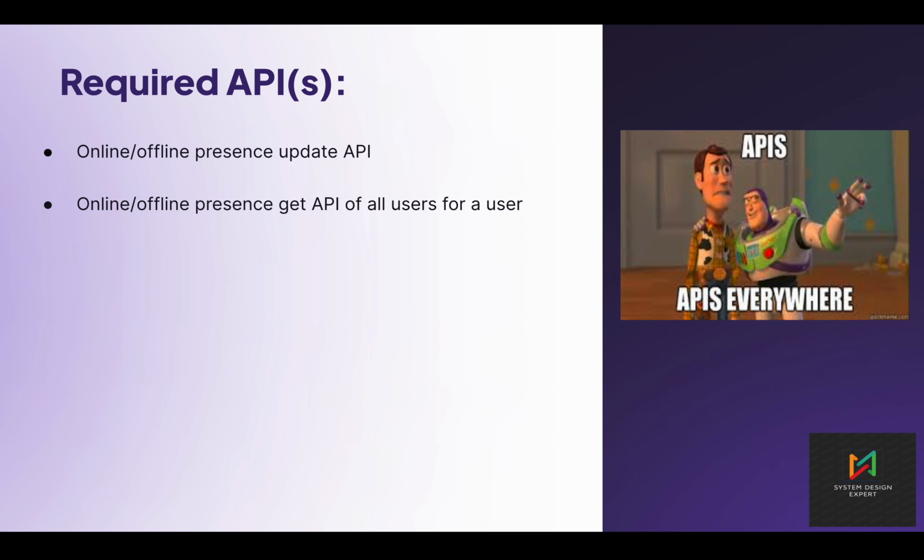And the second one is online and offline presence get of all users for a specific user. So it's basically to see if a list of users or users from specific channels are online or offline. So these are two required APIs.